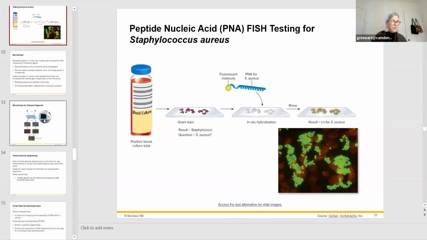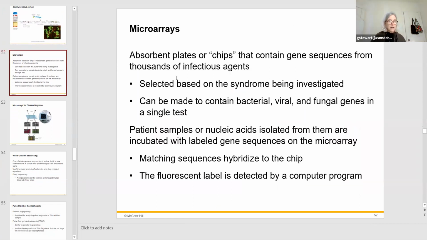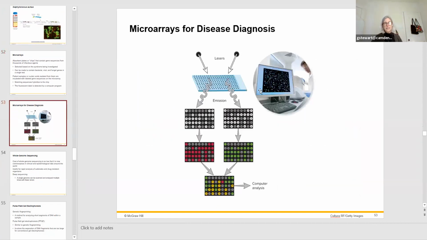They listed microarrays here, and I would like to go through microarrays real fast, and we'll come back to PCR. So microarrays are these little diagnostic chips. They're not super common yet because companies are still trying to decide what DNAs or messenger RNAs they're going to put on the chips.